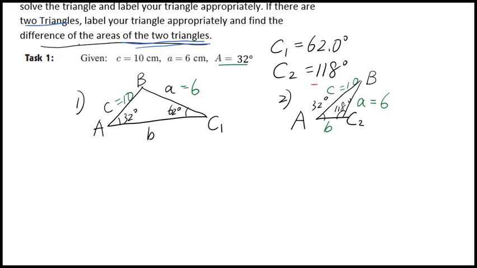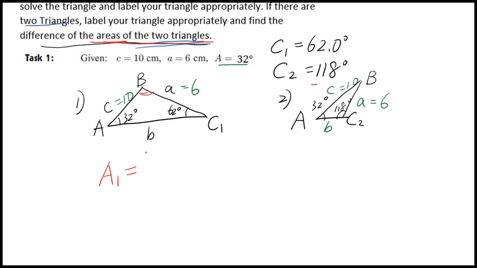Since we are looking for the difference of area of these two triangles, we label this as A1. Then A1 will be 1/2 AB sin C. For the area of the triangle, the keyword is included angle.